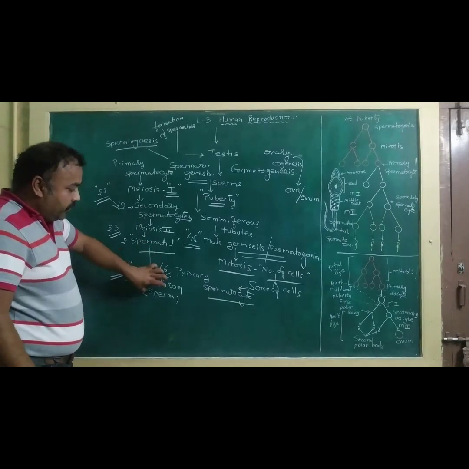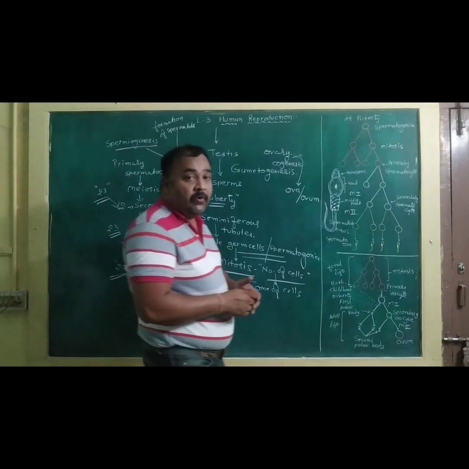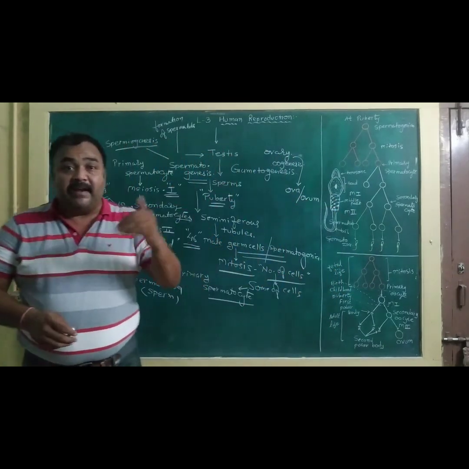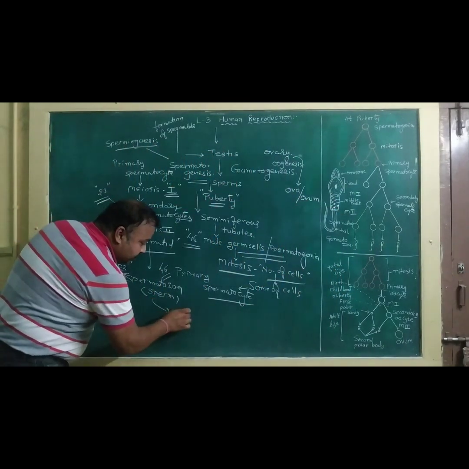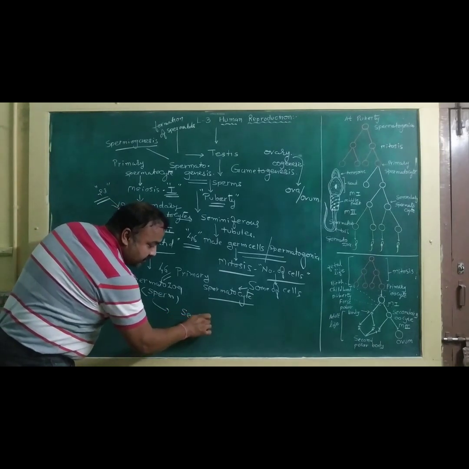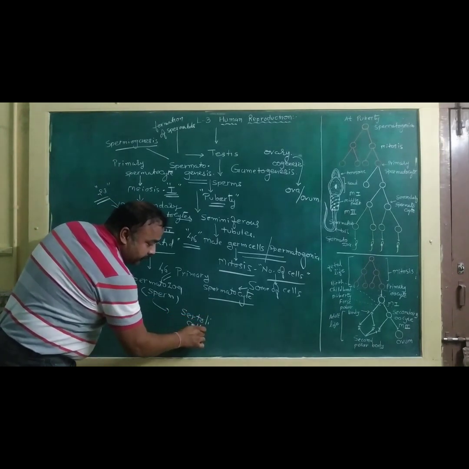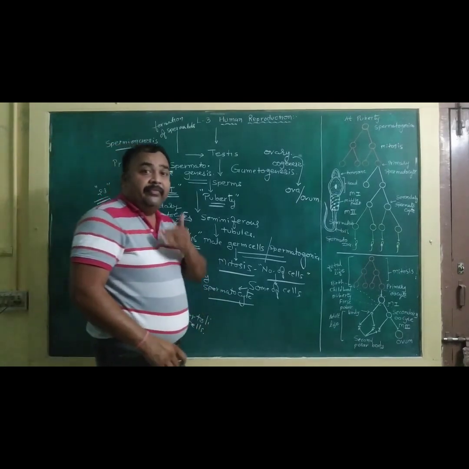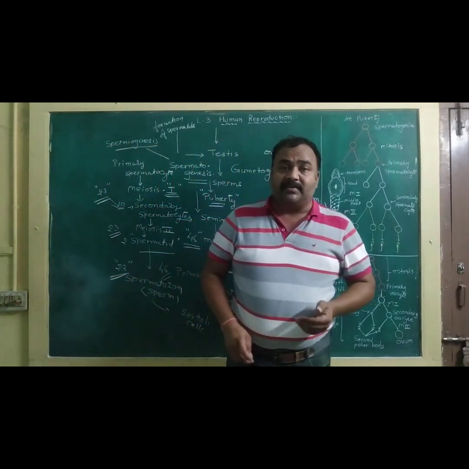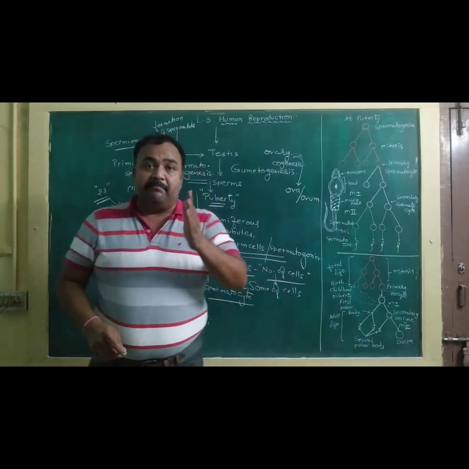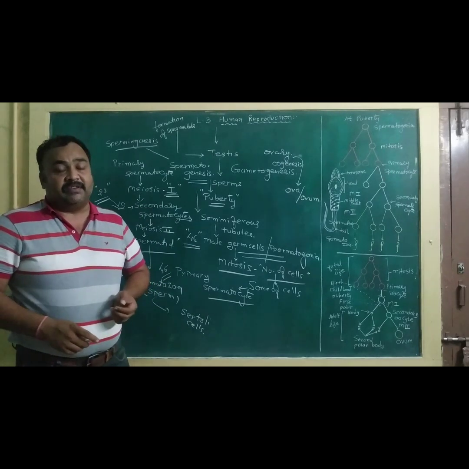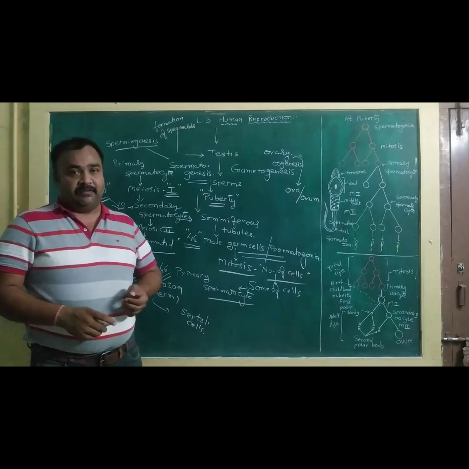Now when the sperms or spermatozoa are produced, the spermatozoa become embedded in the Sertoli cells, and later on they are released by the process known as spermiation, as it is written in our textbook, or sometimes it is known as semination.